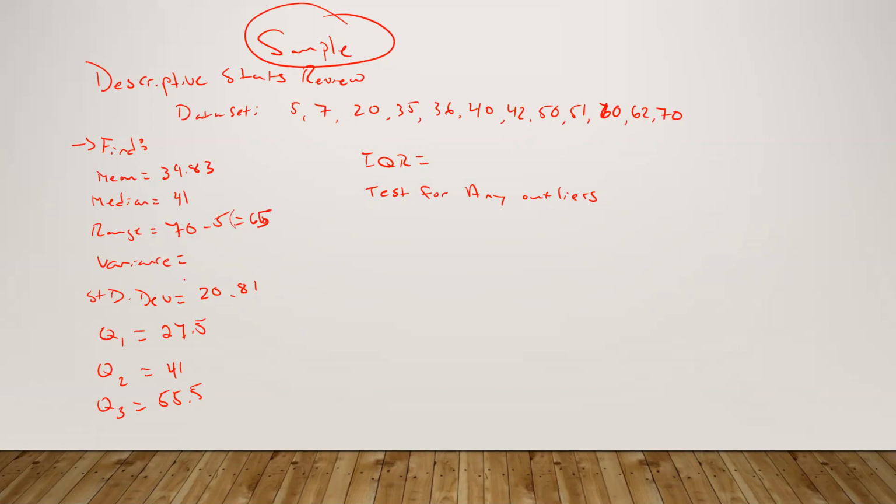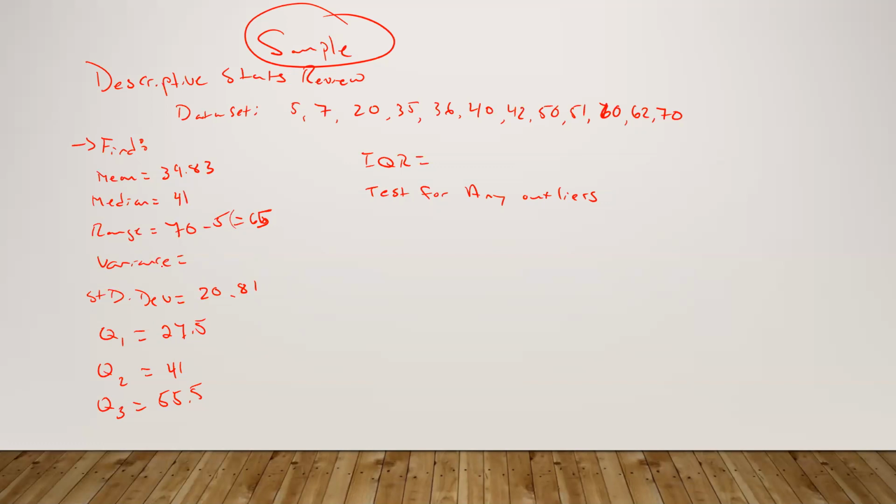Now here's the thing. The question is going to say, what's the variance? If you remember, the standard deviation is the square root of the variance. So the square of the standard deviation would be the what? Yes, thank you.